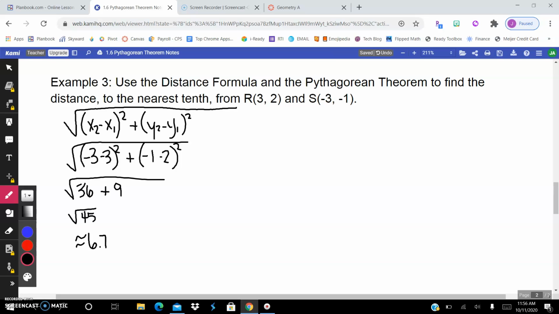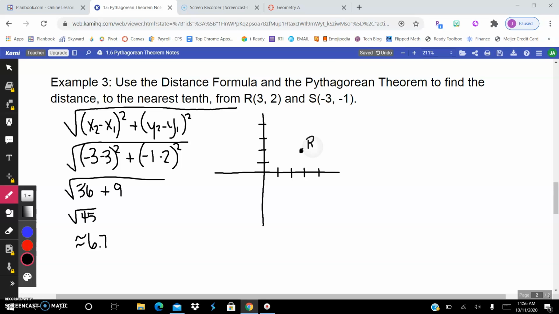Now to use the Pythagorean theorem, we don't have a picture, so we're going to have to take some time here to draw it. And point R is 3, 2, so over 3 and up 2.